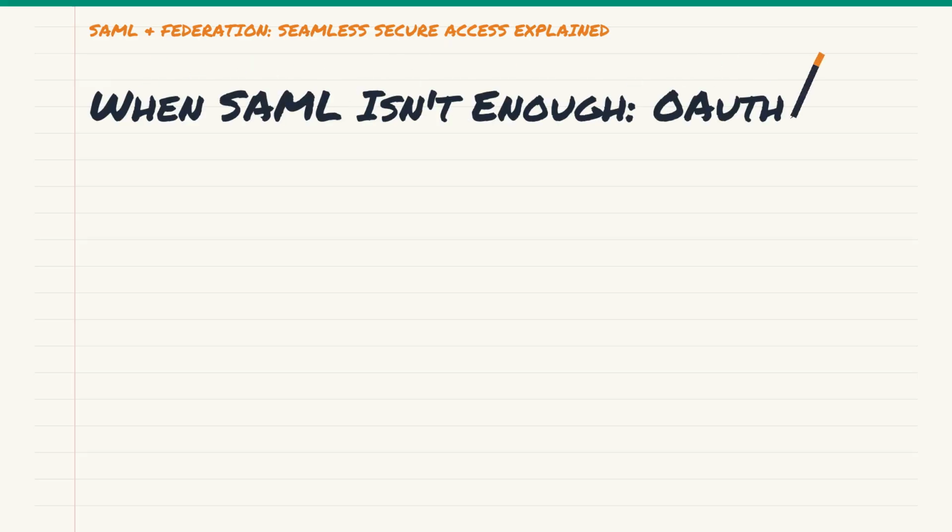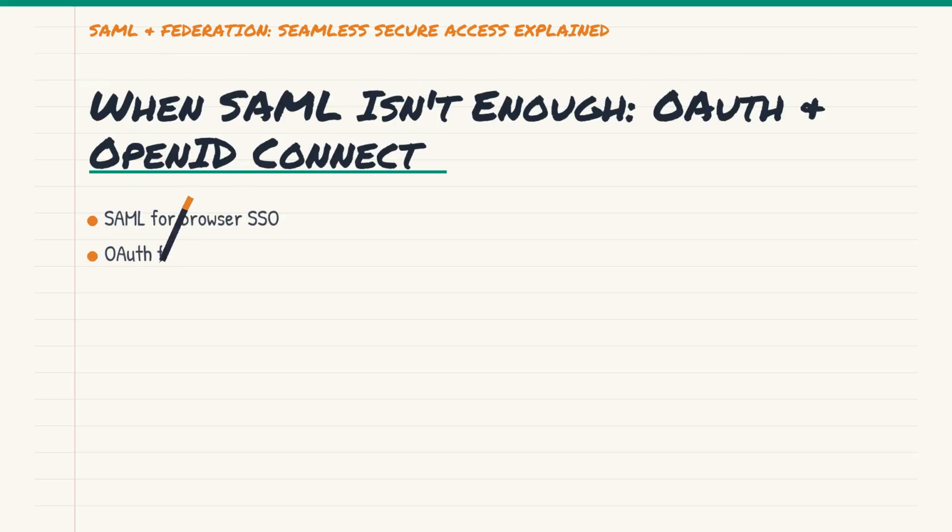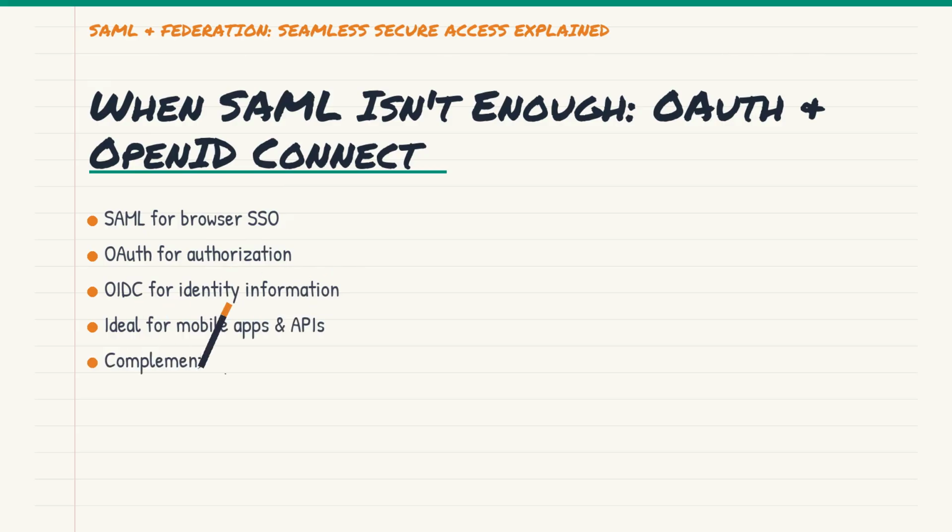While SAML is fantastic for web browser-based SSO, it's not ideal for mobile apps or APIs. That's where OAuth 2.0 and OpenID Connect, OIDC, shine. OAuth is primarily an authorization framework. It allows an application to access resources on behalf of a user without sharing the user's credentials.